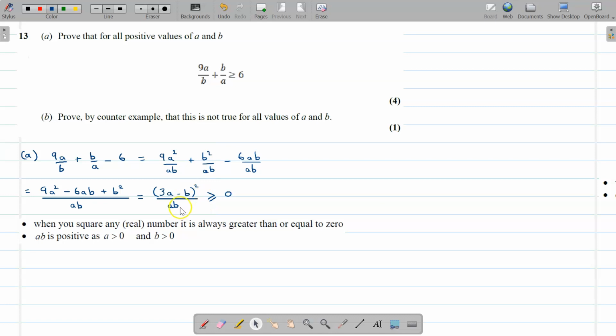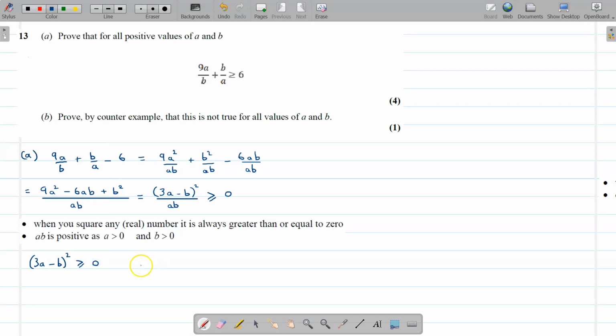And because the denominator is positive, we can just remove it and conclude that the numerator must be greater than or equal to 0 on its own. Okay, so therefore we can say that 3a minus b all squared is greater than or equal to 0.